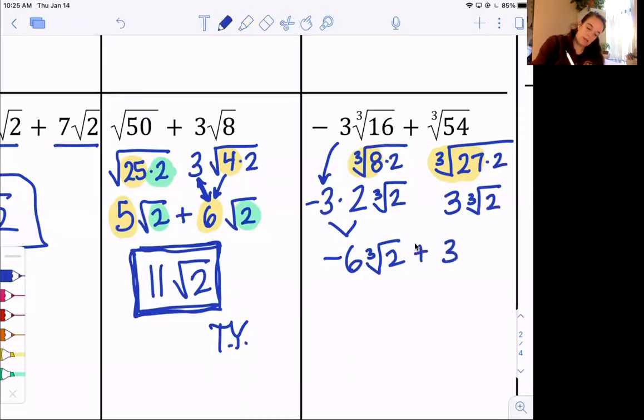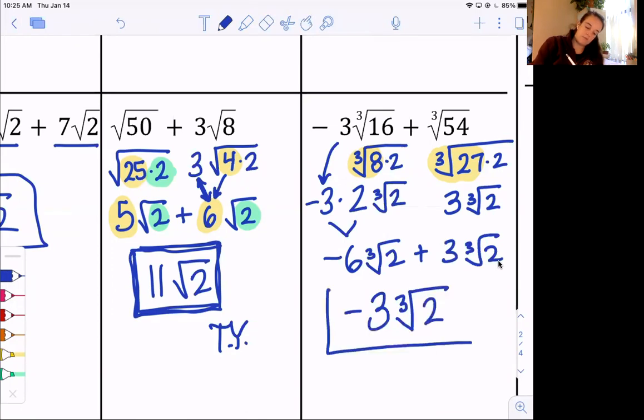So I'm adding 3 cube root 2. And then since these have the same index of 3, and the same radicand of 2, we can add them together and we get negative 3 cube root of 2. Like so.